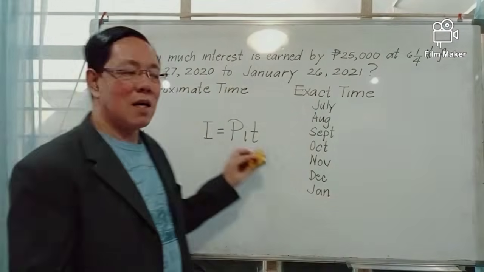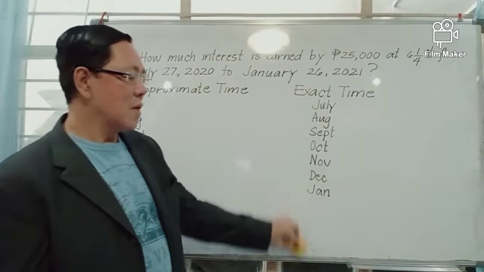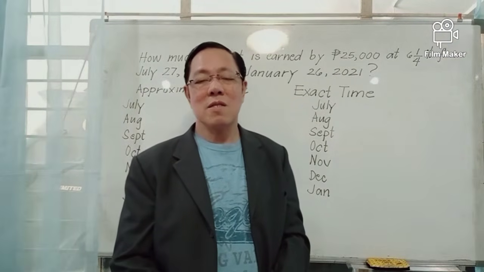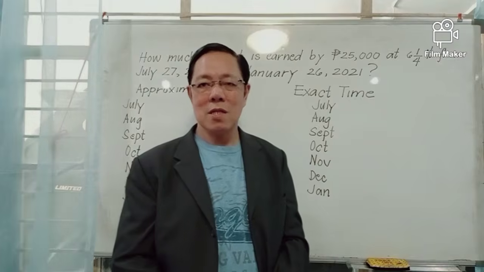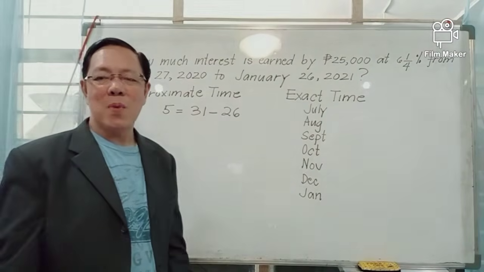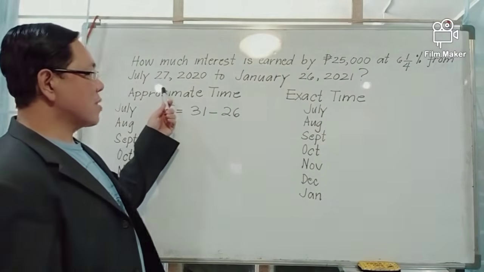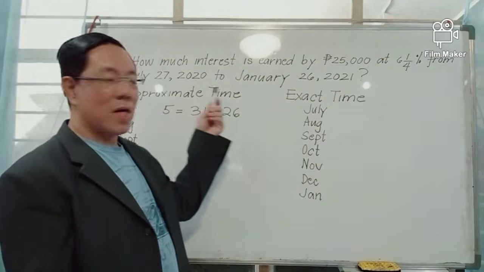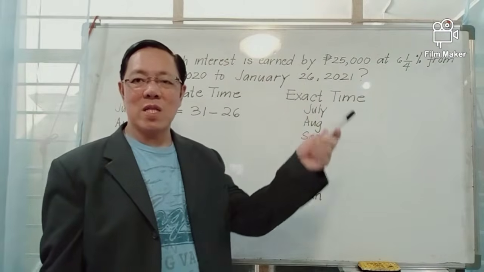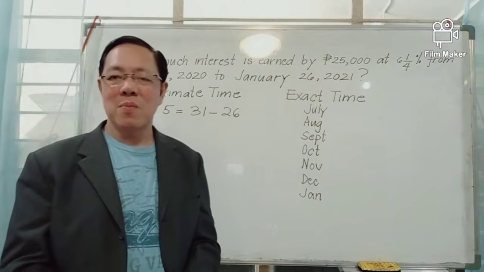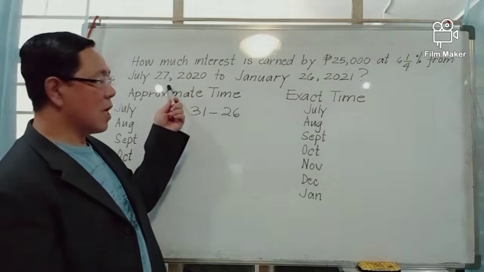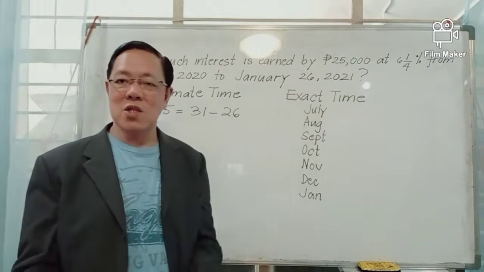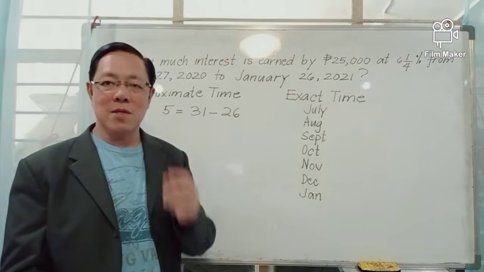Again, in using the approximate time, we assume that each of the 12 months in a year has 30 days. To find the approximate number of days between July 27, 2020 and January 26, 2021, we count the number of days from July 27 to January 26, assuming that each month of the year has 30 days.